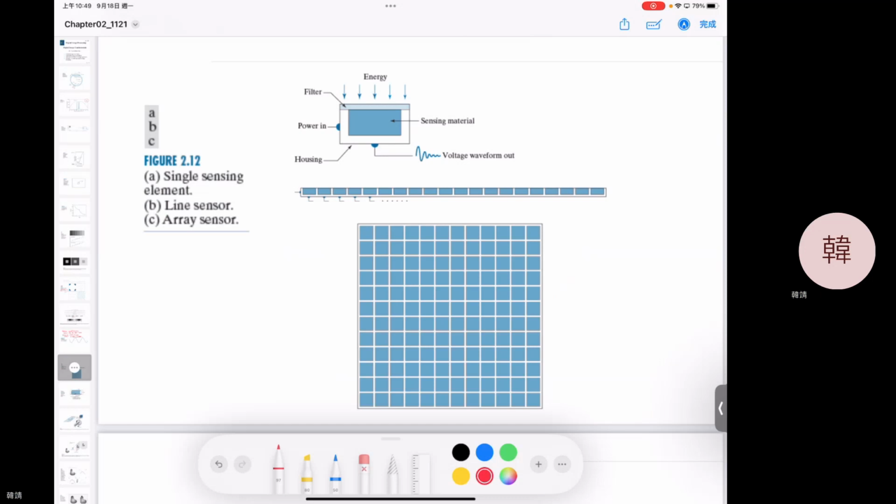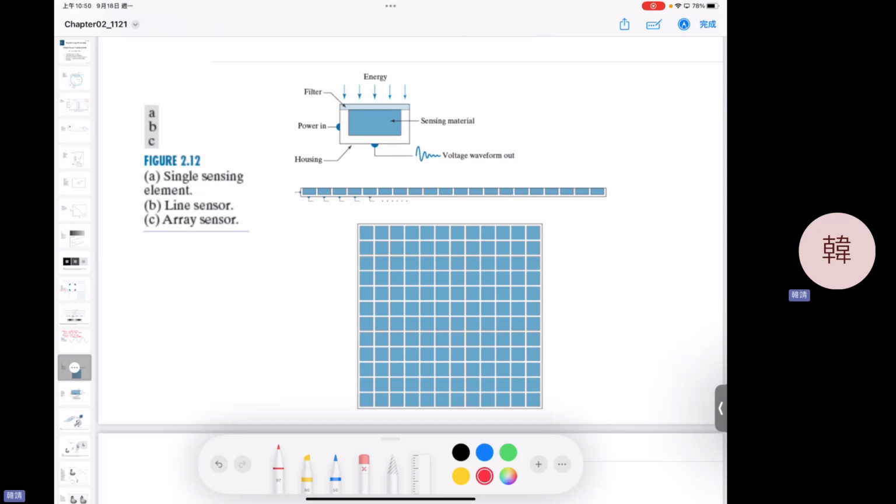There's some filter to filter out what kind of spectrum you would like to receive. So, as I just mentioned, we always have three different photodiodes for green, red, and blue, RGB. After receiving, it puts its voltage waveform into your device. Every small single cell has three color photodiodes to acquire the signal from the object.